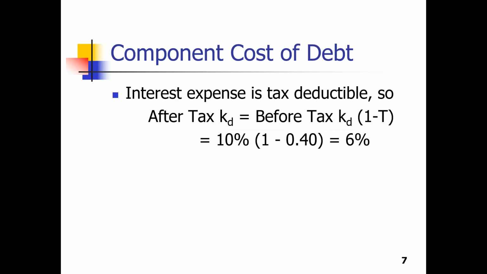So this 10% is cost of debt capital before taxes, and 6% is cost of debt capital after taxes. So often they talk about after taxes. They mean lower the cost of debt capital by multiplying it by 1 minus t. Equity does not save us on taxes.